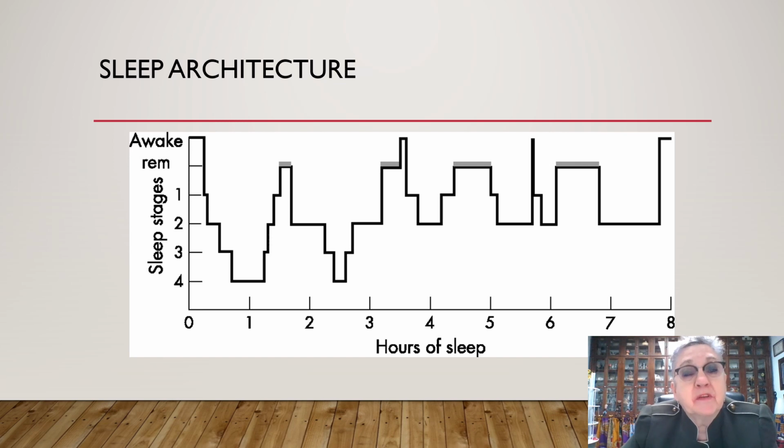This shows over time what stages of sleep we're in and how we get to REM. We'll talk a little more about that as we talk about the different disorders, and these graphs can look very different from this, but this is what a normal sleep architecture should look like, depending on the individual and how many hours they sleep.